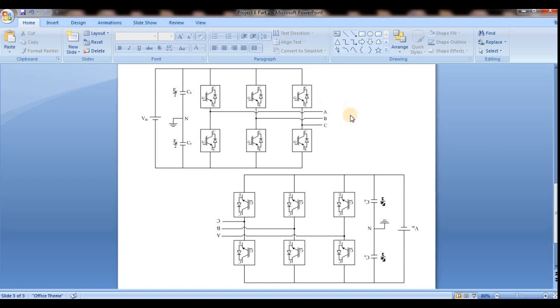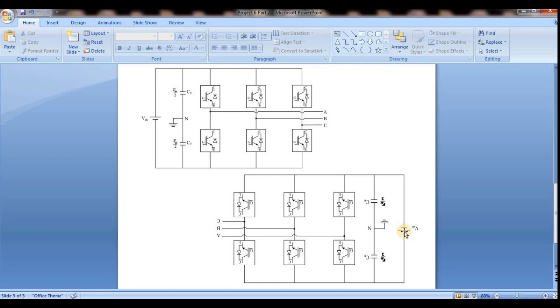But the thing is, many people will teach you that if alpha is above 90 degrees, then it will act as an inverter, and below 90 degrees it will act as a rectifier. But it is not exactly the same thing, because in a rectifier we are talking about firing angle. Alpha equal to 30 means my output DC will come after 30 degrees.